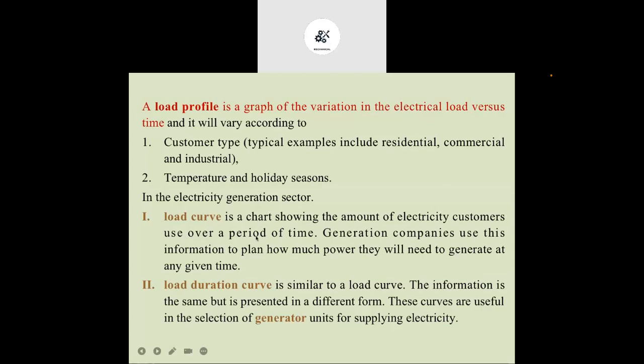Now this load curve is again going to vary with respect to customer. It will vary season wise, or weekly also it is going to vary. So it is based upon the type of customer to which they are providing the electricity or the power, and also it depends upon the time. It may depend upon season, months and other factors also.